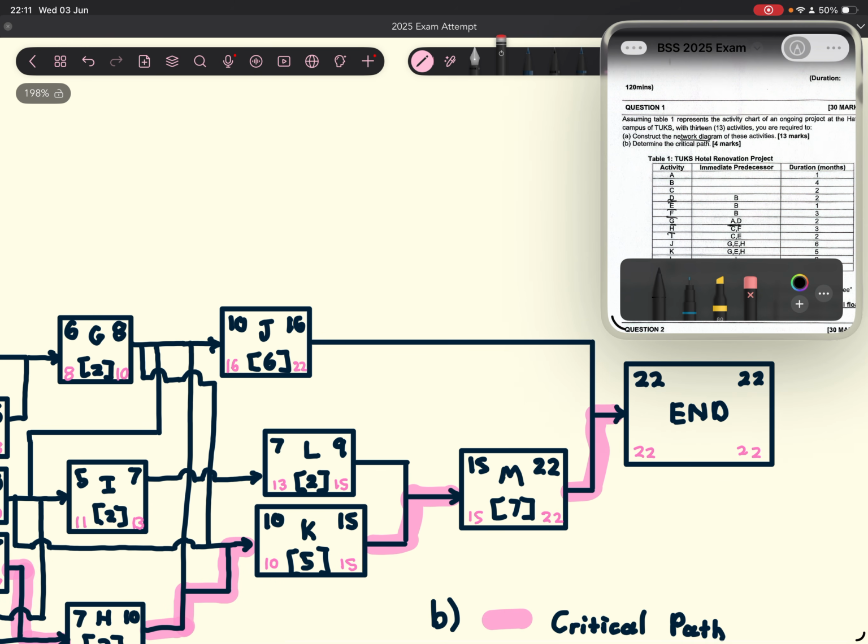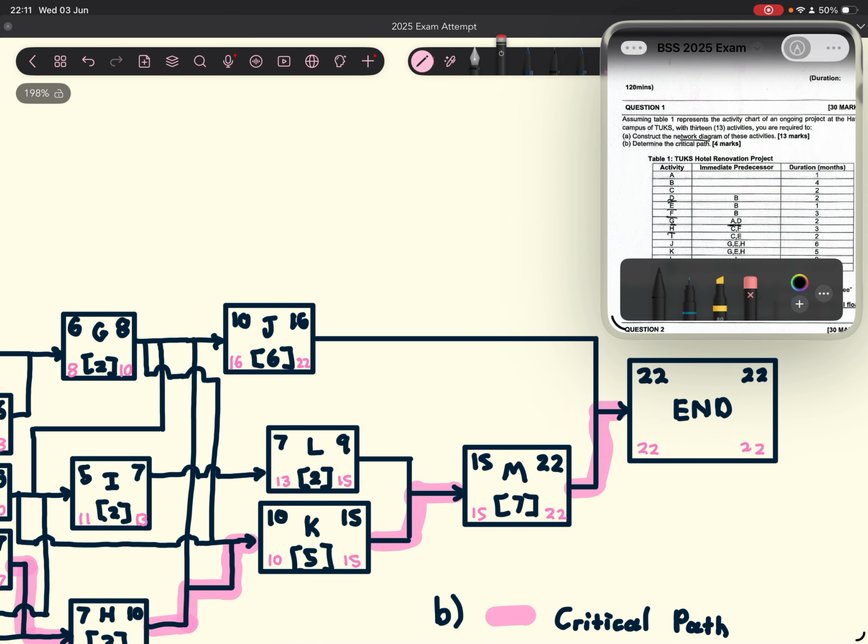So we're going to work backwards. We've established this 22 over here, and we're going to copy and paste that over here. Essentially, we're going to take this 22 and minus the duration. Is that the correct order? I don't know. But 22 minus the duration to get this number, right?